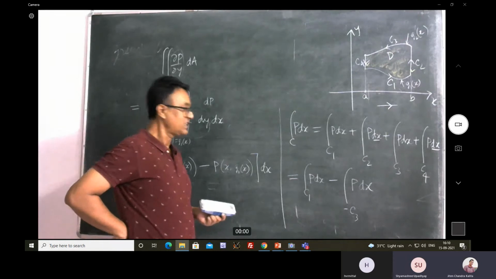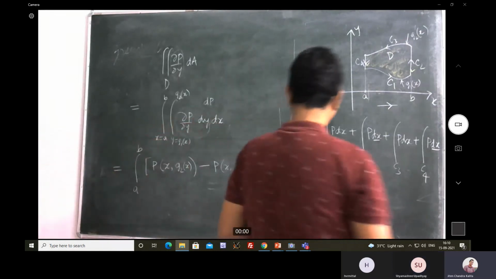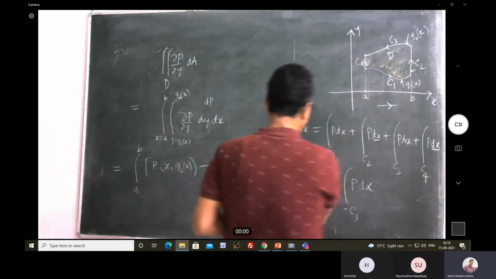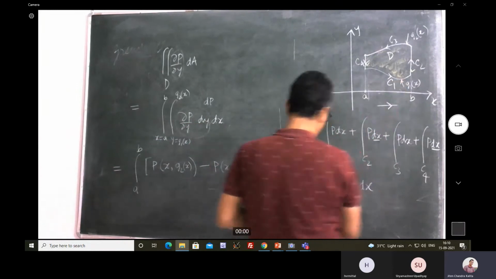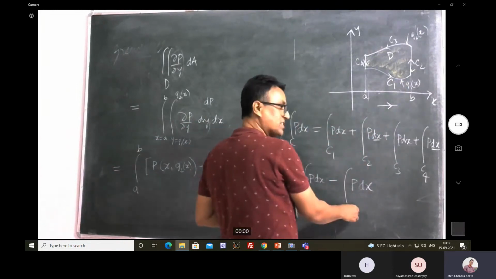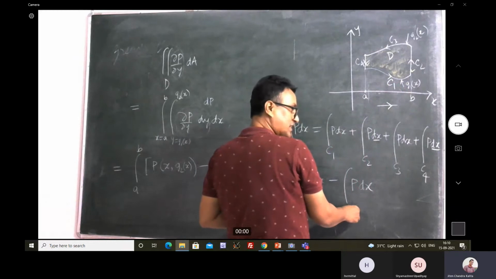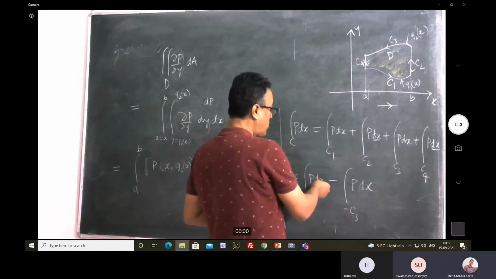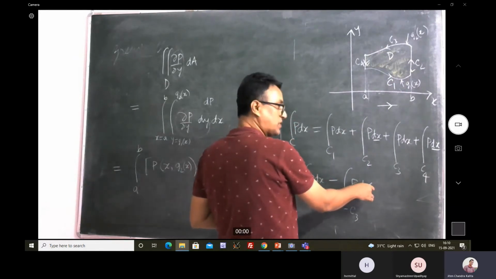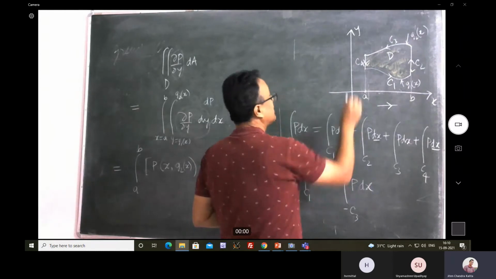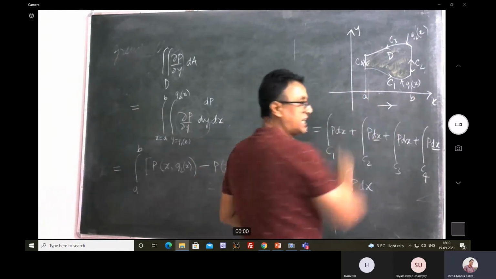Correct. Fine. But C1 is G1(x) and C3 is G2(x), right? And for integration with respect to x, the lower and upper limits are a and b.